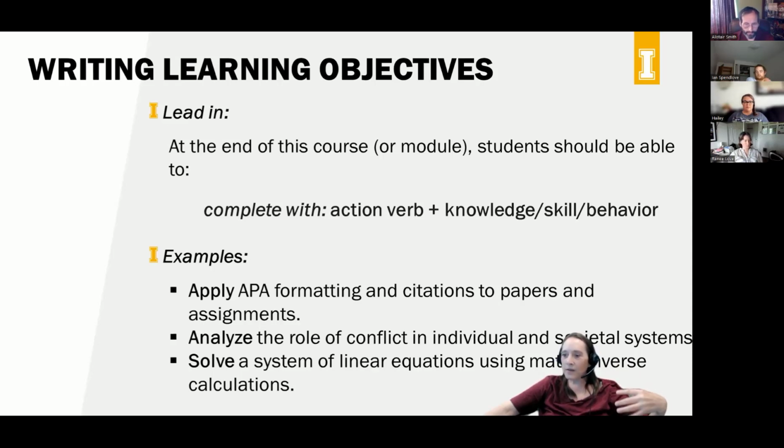Analyze the role of conflict and power in individual and societal systems. That violates that rule. I have analyzed the role of conflict. That's one objective. Analyze the role of power. That's a separate objective. So if you have an "and" and you've got two things, then you need to break them up into separate objectives. Make sure that the objective only measures one concept.